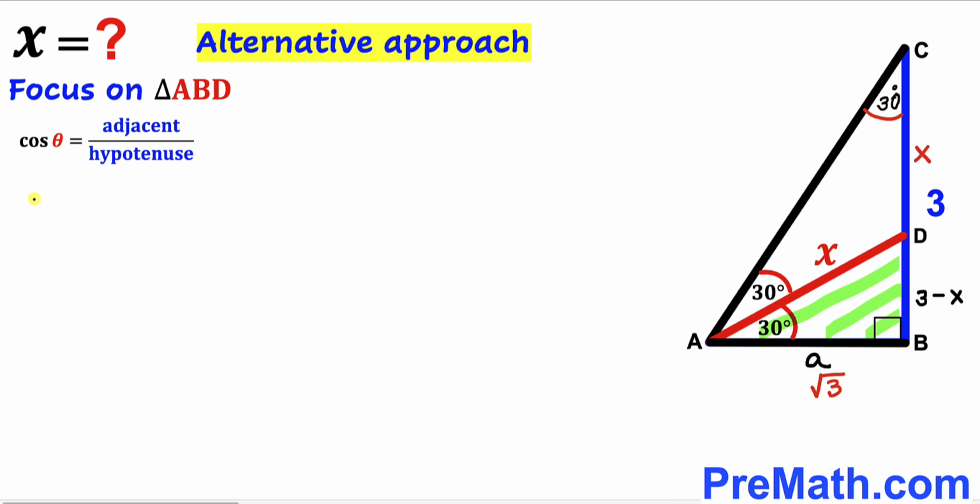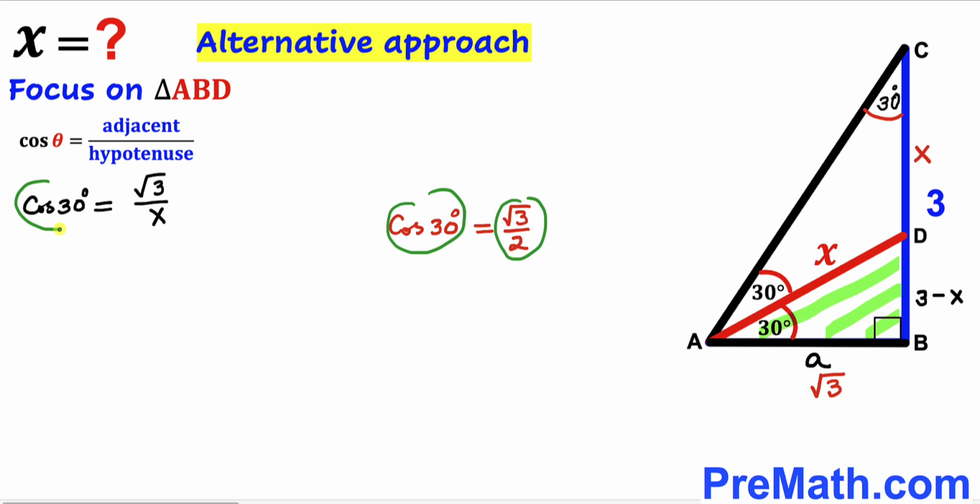So cosine of 30 degrees is equal to square root of 3 divided by x. We know that cosine of 30 degrees is square root of 3 divided by 2, so I'm going to replace cosine of 30 degrees with that.